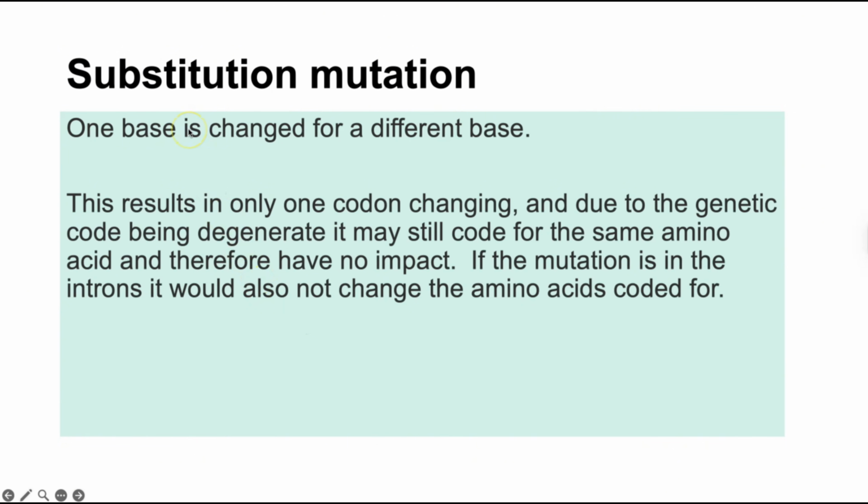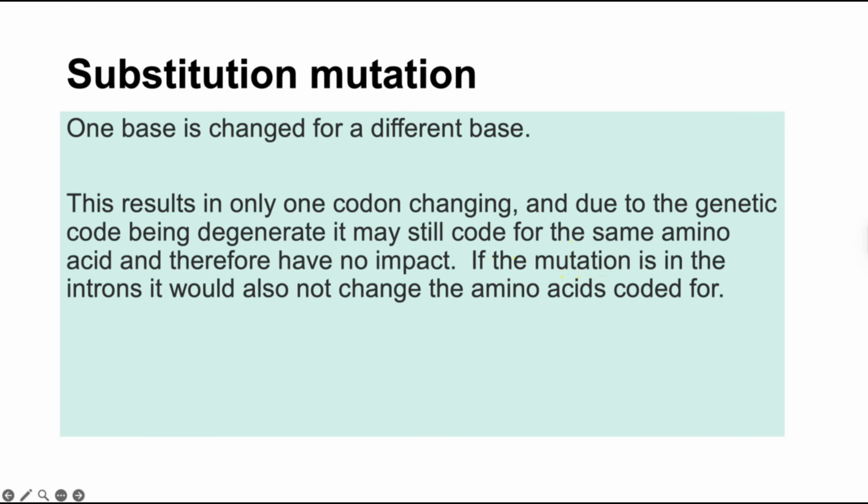Substitution is when only one base is swapped, so it's just changed. You still have the same number of bases, and it will only affect the one codon that base is in. Because the genetic code is degenerate, meaning you have multiple codons coding for the same amino acid, even though this mutation has happened, sometimes the codon still codes for the same amino acid, and therefore has no overall impact on the final protein.